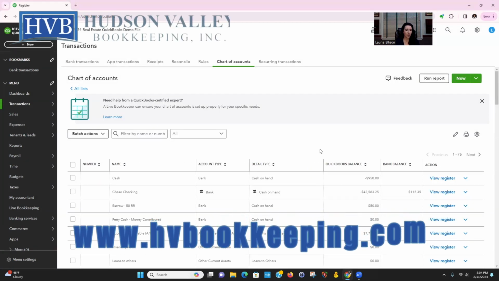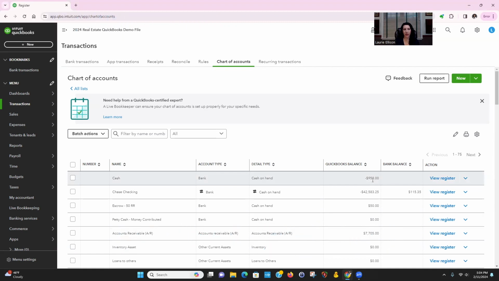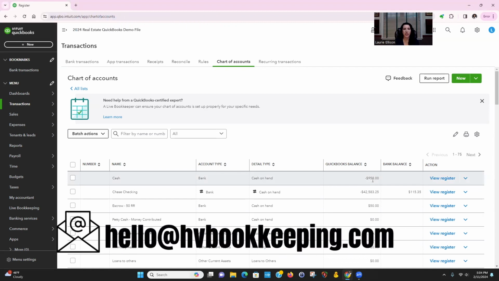Okay, so what are you going to put in here? Like I said, it's everything that isn't posted through the checking account you have connected or that you actively post in. You should have a bank account that's used for your rental property, and then perhaps a credit card, and if you have a debit card, it's connected to the checking account for that rental property.